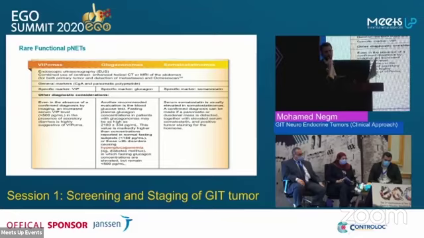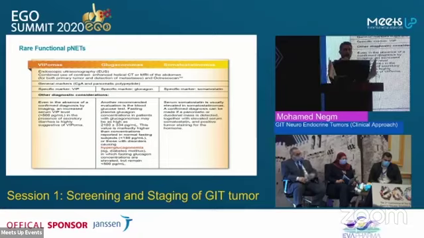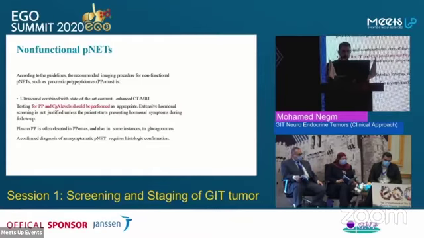As for rare types of functional pancreatic neuroendocrine tumors, we have the vipoma, glucagonoma, and somatostatinoma. And again, according to the specific hormone, we will order the specific lab test and the imaging needed. طيب. As for the non-functional ones, هنا الحقيقة إن imaging has a huge role because they are non-functioning.